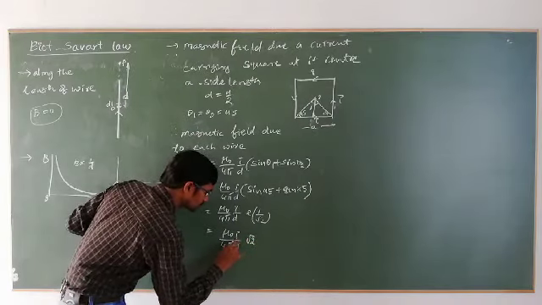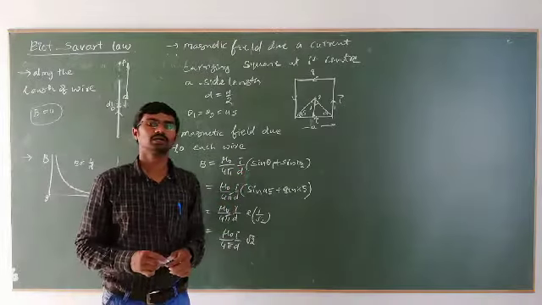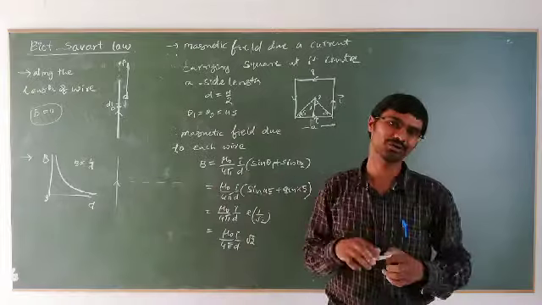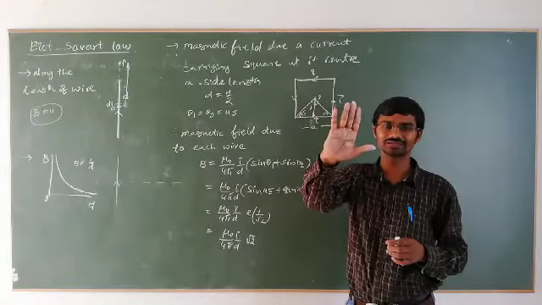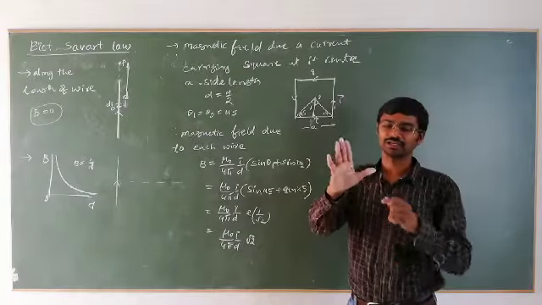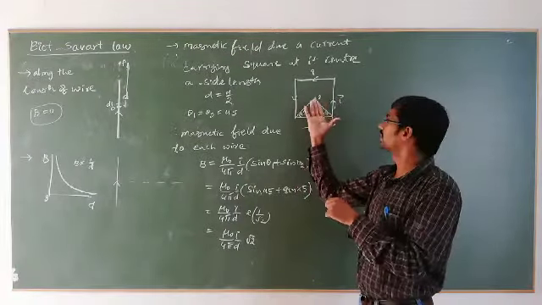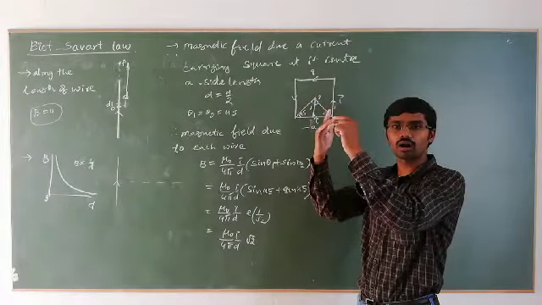Here we have a square which is carrying current I in the same direction. Let me take A as the side length.